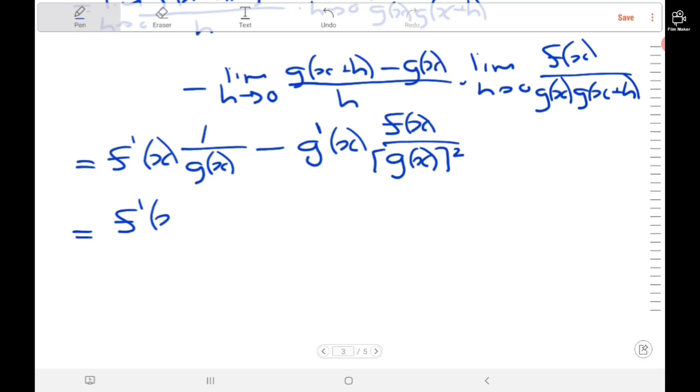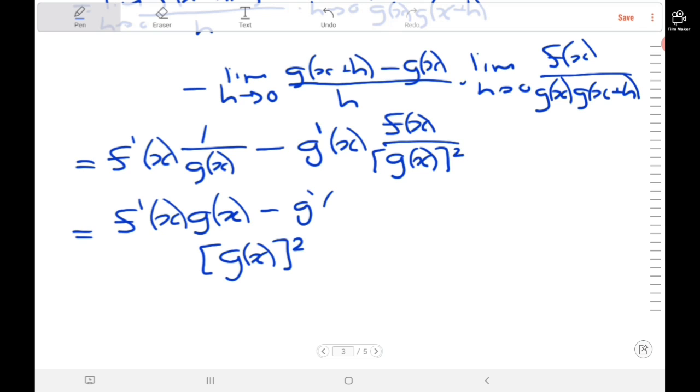So we get f prime of x multiplied by g of x, and in the denominator, we'll have g of x squared. And for our other term, well, it was already dividing by g of x squared, so it stays exactly the same. We get g prime of x times f of x.